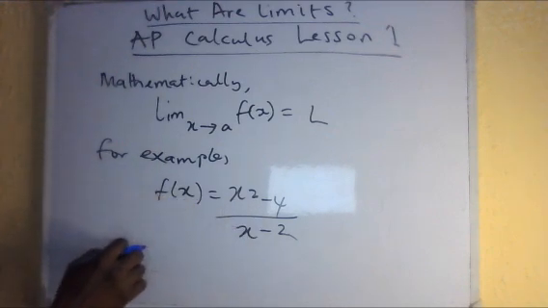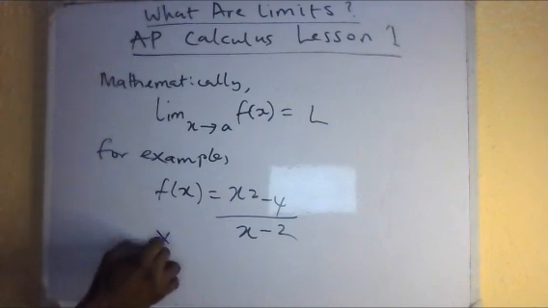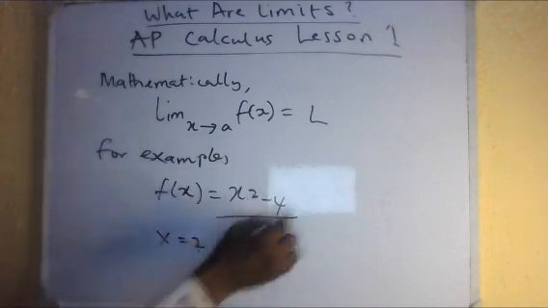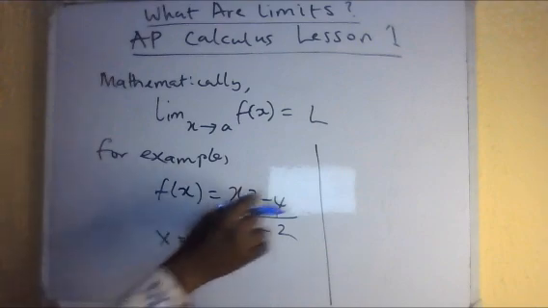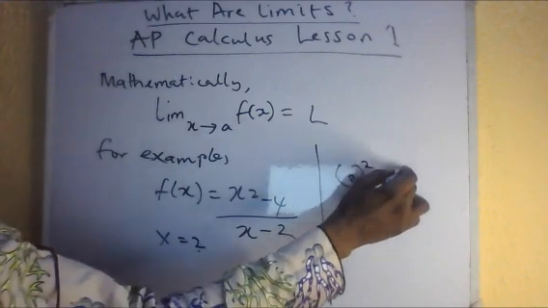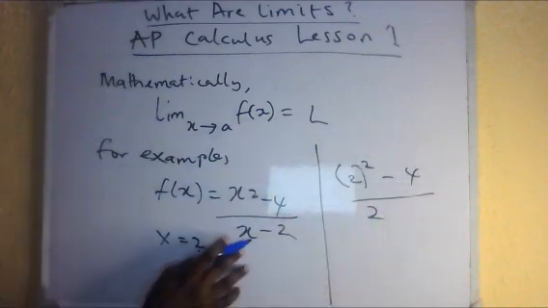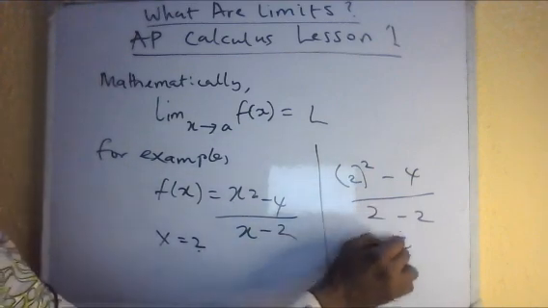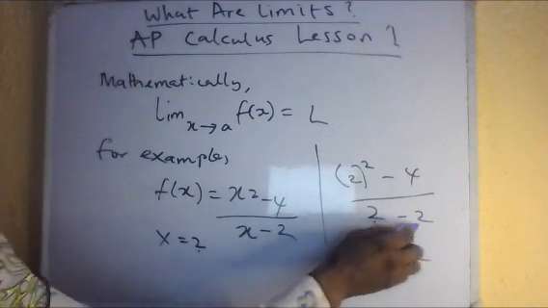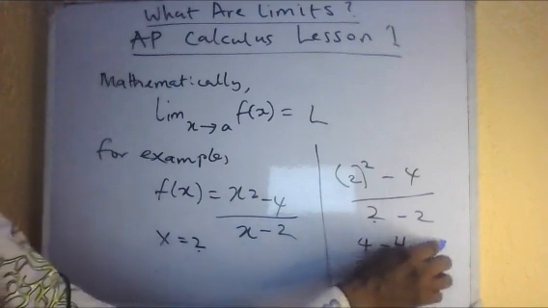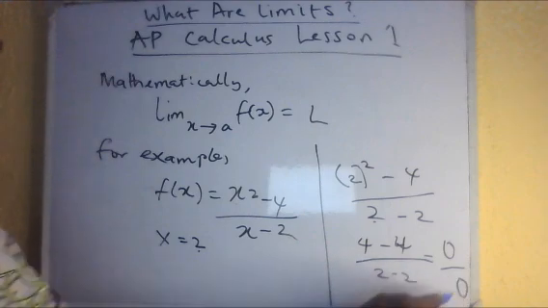When we substitute x equals 2 into this expression, wherever we see x, we put 2: 2 squared minus 4, all over 2 minus 2. So the numerator, 4 minus 4, sums up to 0, and 2 minus 2 sums up to 0.